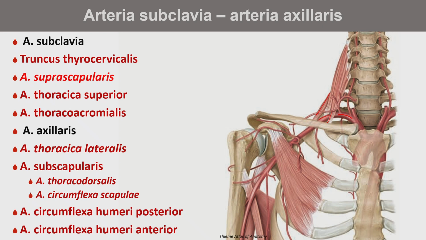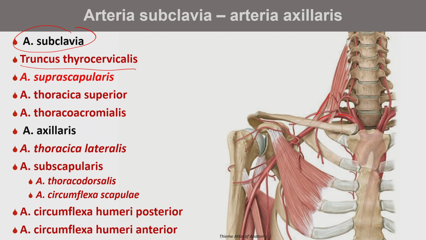The scalene fissure is a space where, except for the subclavian artery, there are also structures of the brachial plexus, so neural structures. So the artery is accompanied by neural structures, and we will see it in the axillary region and also in the brachial region.